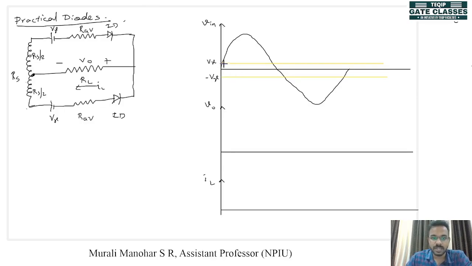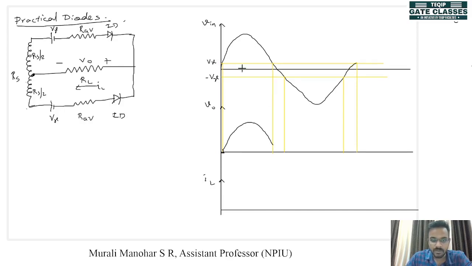So unless the voltage across the diode becomes more than this voltage, the diode cannot conduct. Okay, so until V gamma is reached, the output is 0, and after that we will get the entire sine wave.